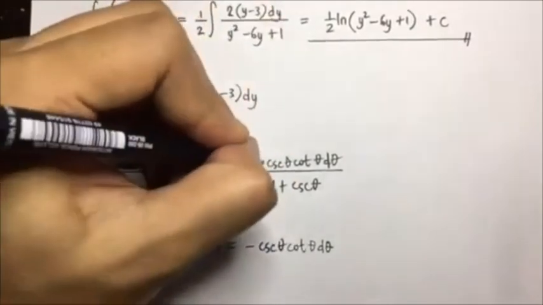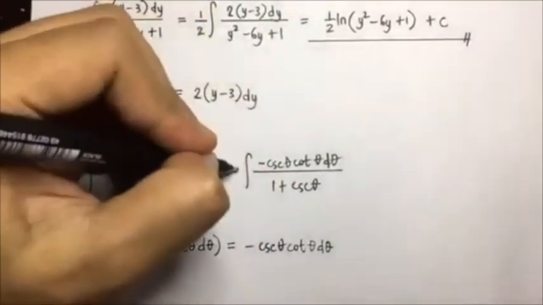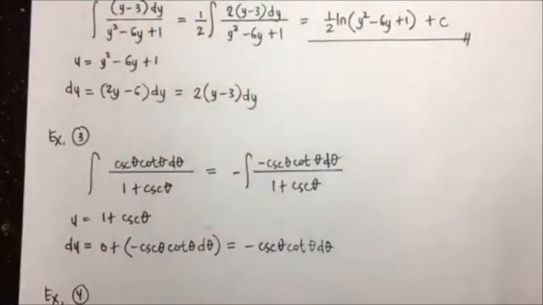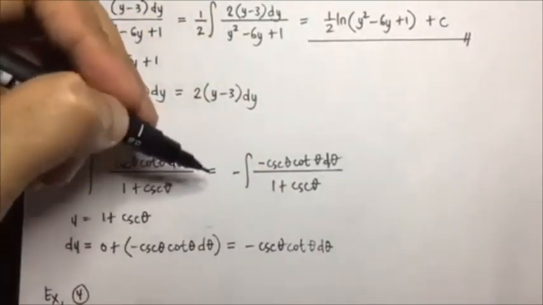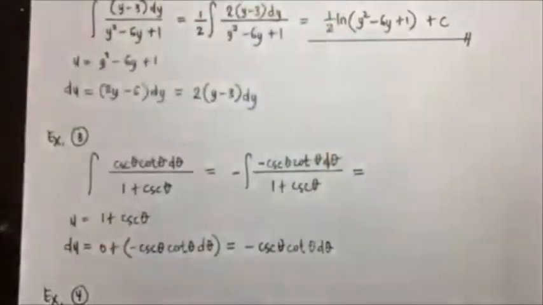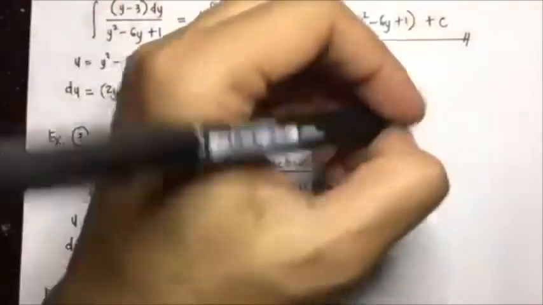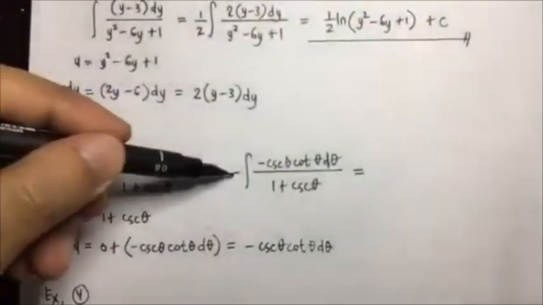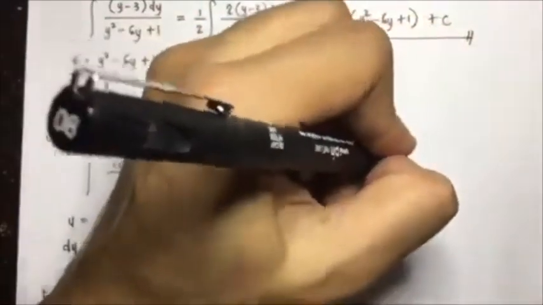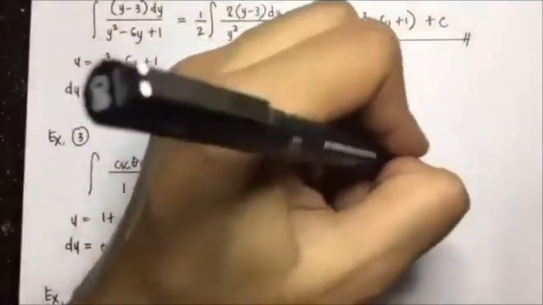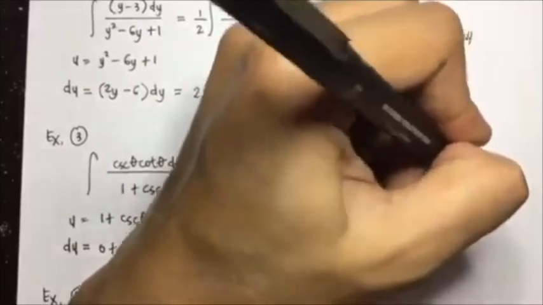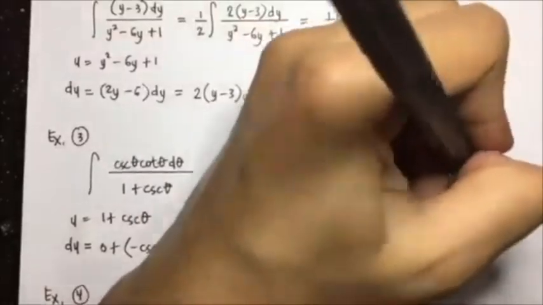So we must write here negative, and then outside the integral sign we also multiply it by negative 1. Since the numerator is the complete differential of the denominator, all we need to do is apply the formula. So negative ln of 1 plus cosecant of theta plus c.